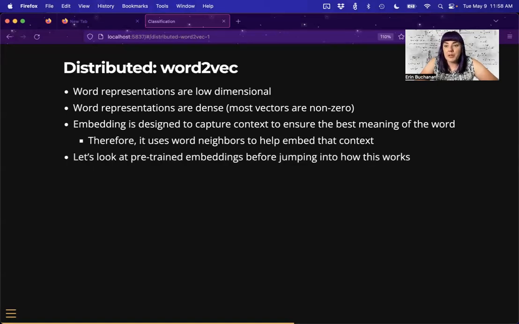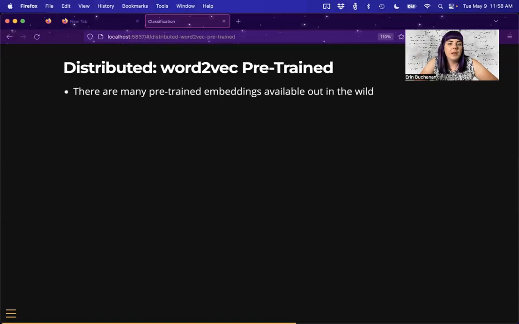So let's look at some pre-trained embeddings, because you can download pre-trained models before jumping into building our own. Okay. So pre-trained embeddings are available out in the wild, right? Meaning just different websites. There's a publication in Behavior Research Methods called Subs2Vec. Okay, it's actually a fastText model, but it is a pre-trained embedding set of an entire language using subtitles.